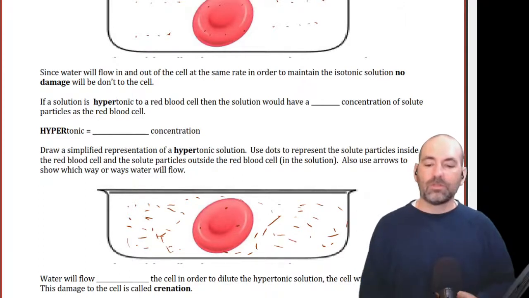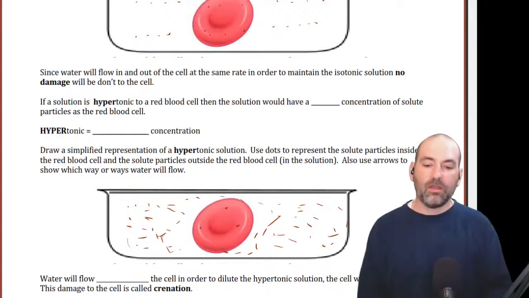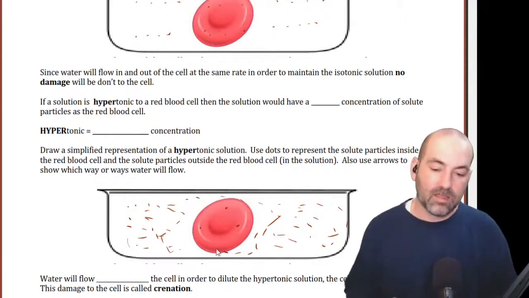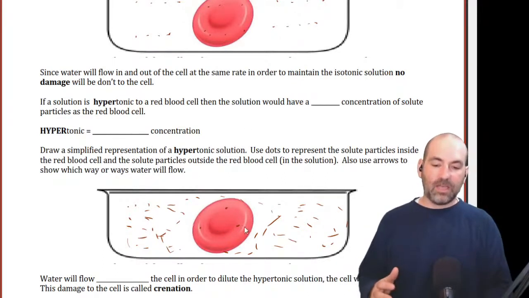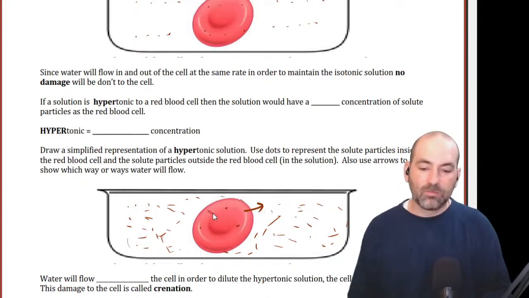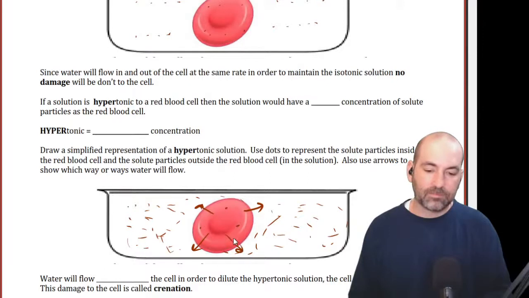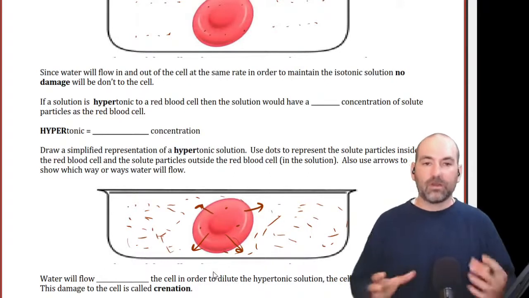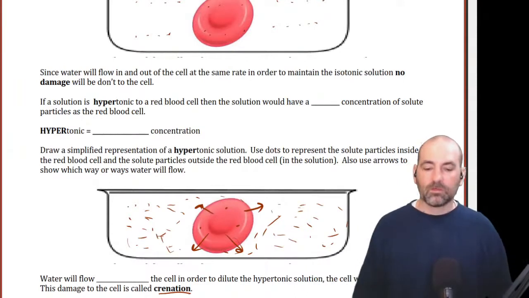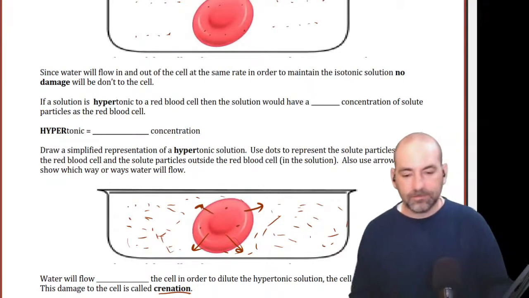So think about what happens to the water then. Water is always flowing from where there's more water to less. In this case, there's more water inside the cell because the outside has a higher concentration. So water is moving out of the cell, and eventually that's going to collapse the cell, and that's called crenation. The cell kind of shrivels up.